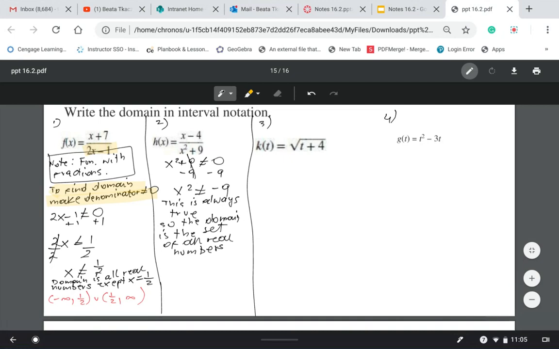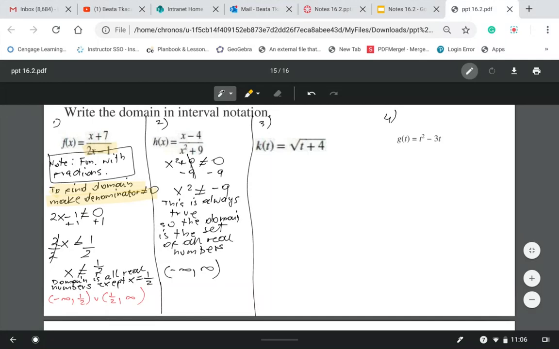In interval notation, you write from negative infinity to infinity. You will always be able to find the y coordinate for any input. You can pick any number you want for x, substitute, and always evaluate that function. That's what domain means: the set of all inputs. In this case, it's all real numbers.